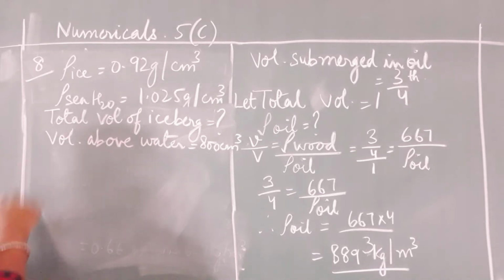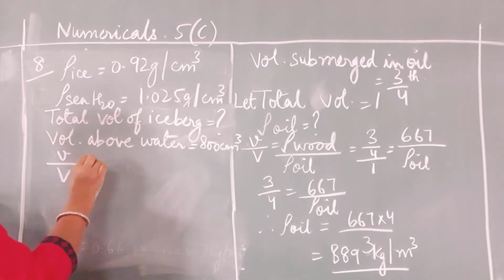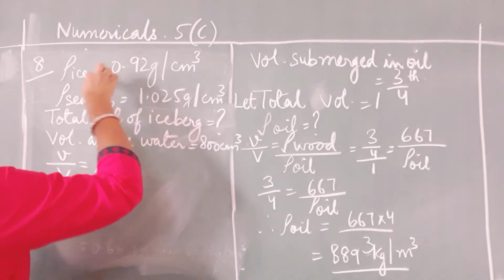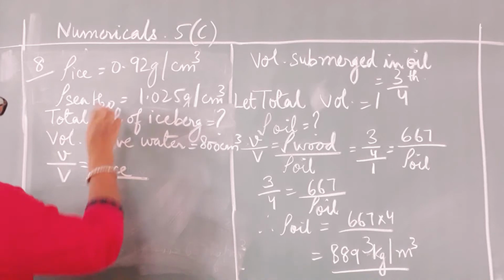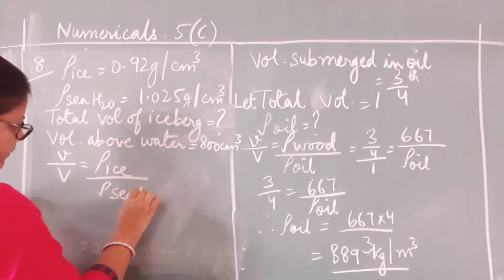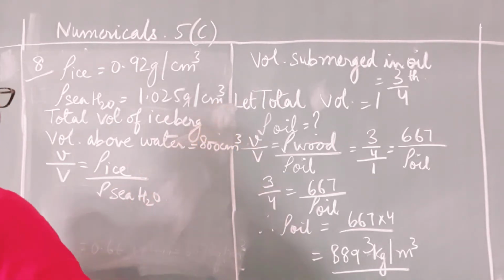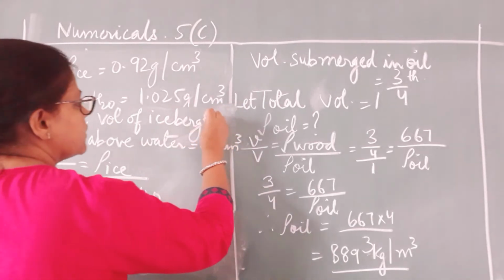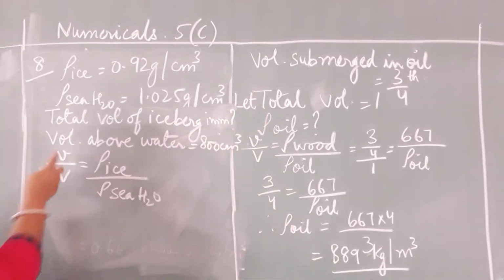Okay. Now what we will do, we will use the same formula. Volume immersed upon total volume is density of ice upon the density of seawater. Okay children. Now here, you are supposed to find out the total volume immersed or submerged. Now we will suppose, we don't know the total volume.